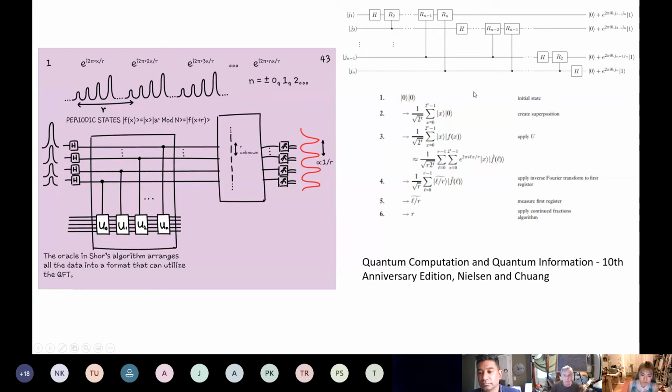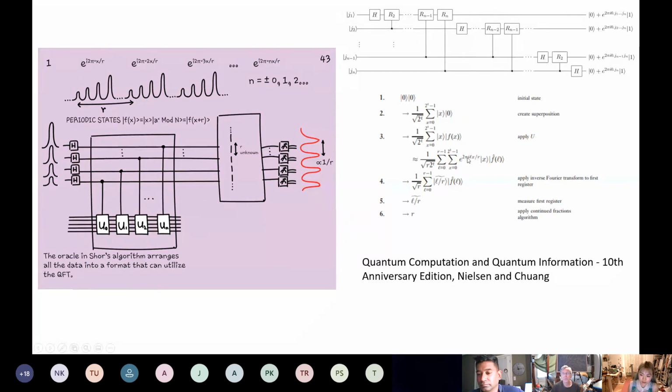And the logic, if you just turn this graphic into this mathematical representation, you start with some zero state, and then you put them in superposition using the H gates, and then apply the oracle, which puts everything into this periodic arrangement with this phase difference.